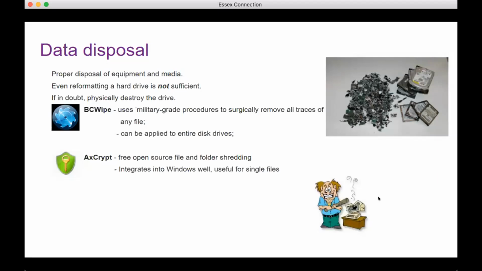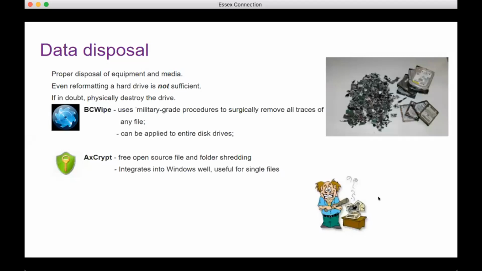Writing over that data by reformatting is also considered not sufficient. Again, we have to think about what type of data and what is stored on that device. However, if we're talking about incredibly sensitive personal data, the only way of ensuring its complete destruction is to physically destroy that hard drive, and there are specialist services that can do that.